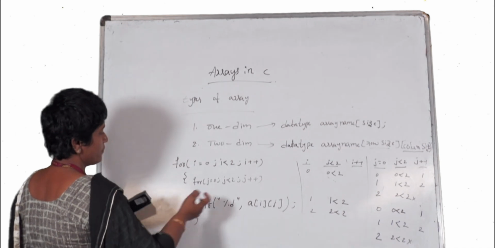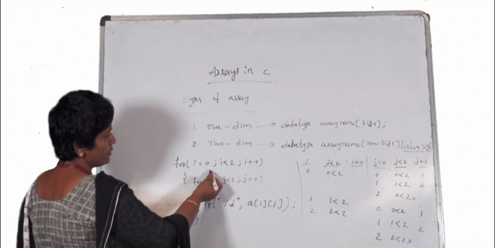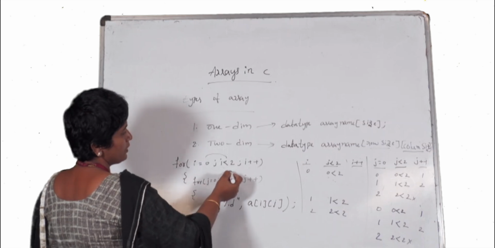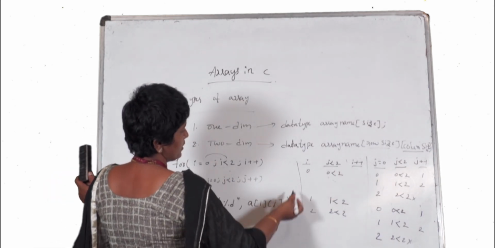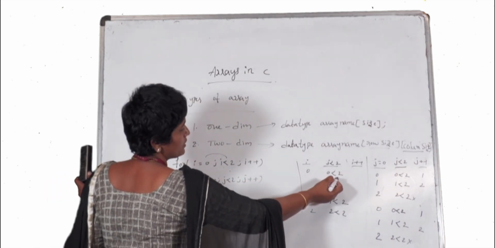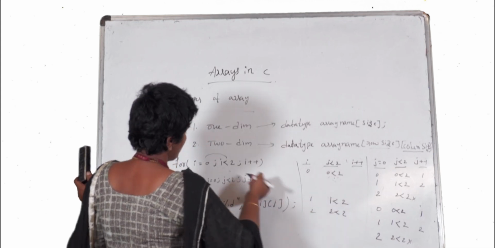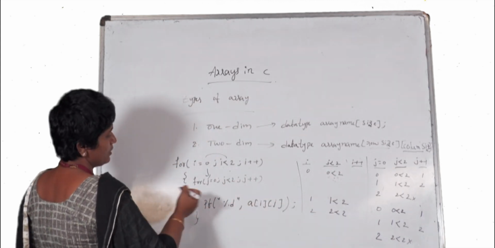Initially the i value is 0. After that we check the condition i less than 2. Next i plus plus. Initially i is 0, 0 less than 2. This condition is true, so it will enter into the inner j block.